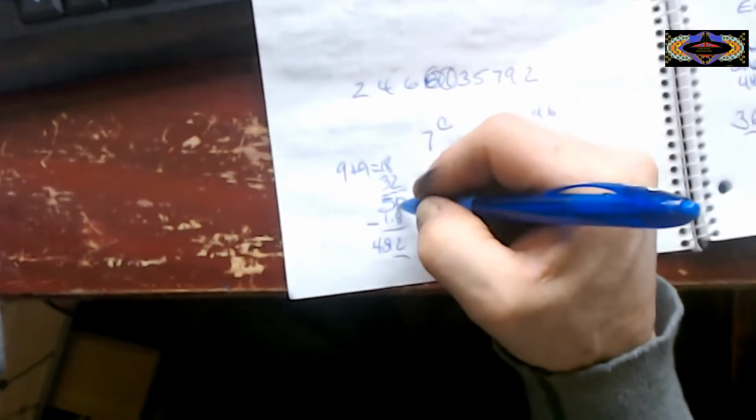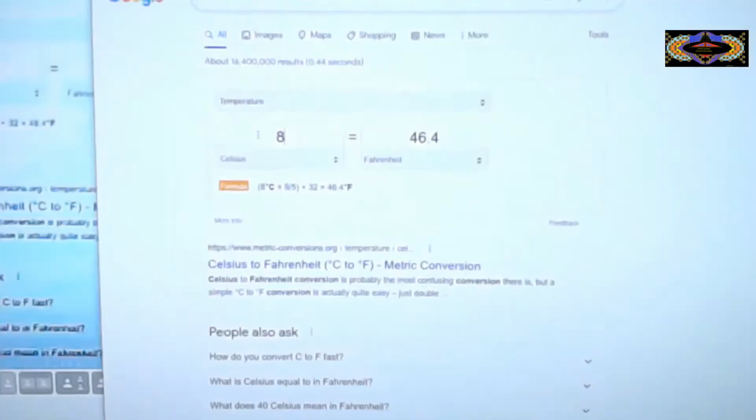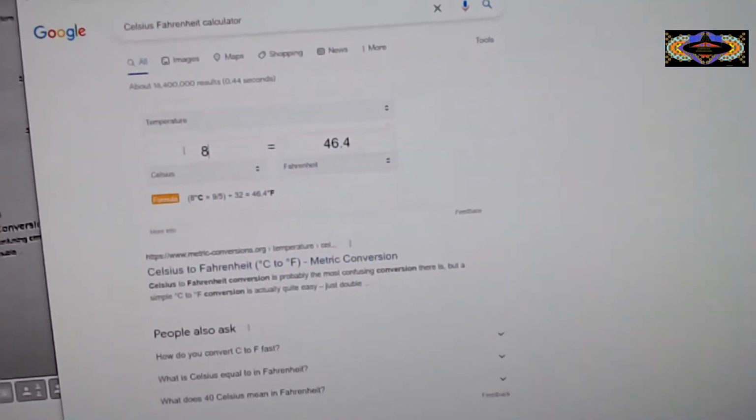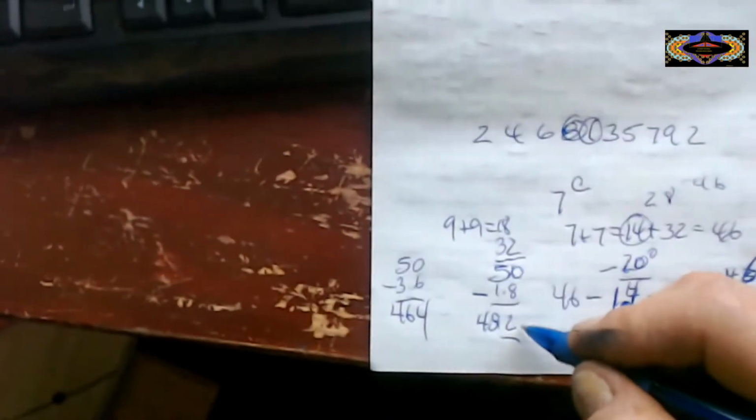18, 32, 50. 50 minus 3.6 equals 46.4. Hold on. 46.4. So why was I wrong the first time? So what if I tried 9? If I did 9, it'd be 18, 32. 46.4. Wait, 46.4 is 8.